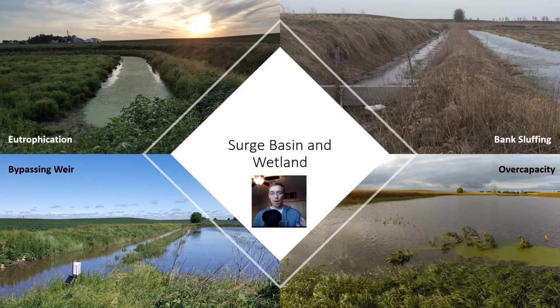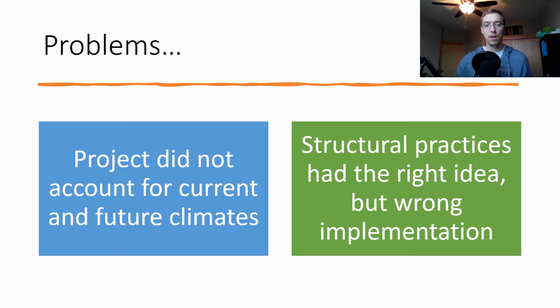So the problems here are that the project did not account for current and future climates. The structural practices had the right idea, but the wrong implementation. So the bigger problem here is that we're seeing an increase in historic precipitation in Minnesota and Wisconsin, this entire Midwest region.